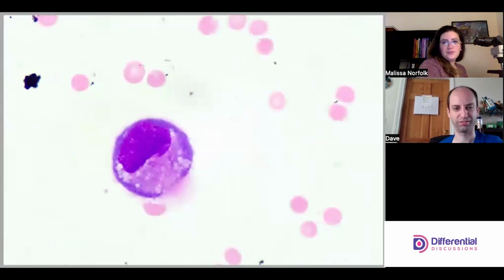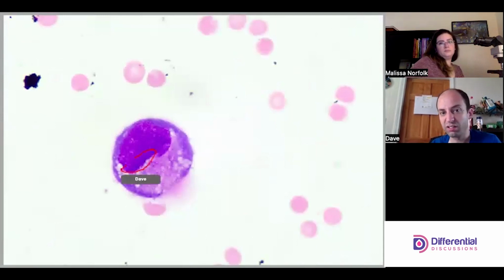So there's some degree of uniformity between the cells, but there's some variability. This one kind of tends to match some of the ugliest parts of all the cells that we've been looking at. I don't like how dark the nucleus is there. We have that pinkish kind of weird granulation in the cytoplasm.